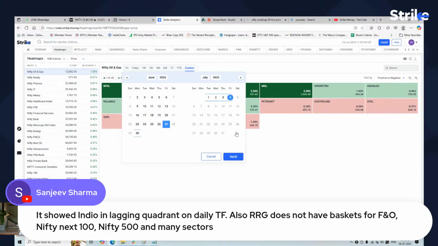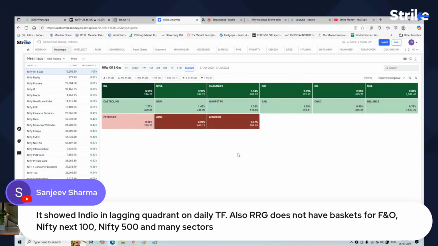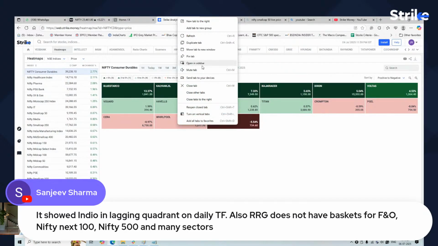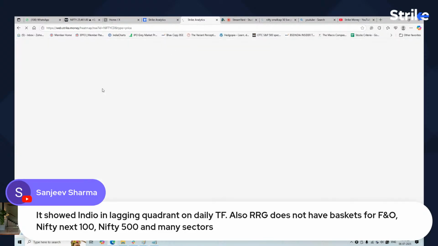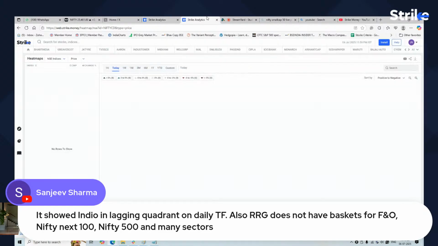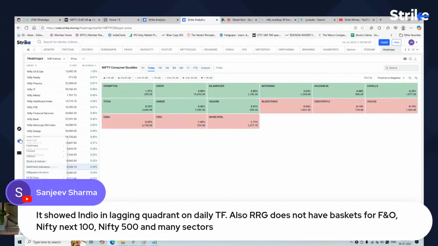So what I do is 27 to 4th, and I end up getting consumer durable. Basically all these things sort of get captured in RRG as well. You can see that consumer durable is the one which has outperformed meaningfully.